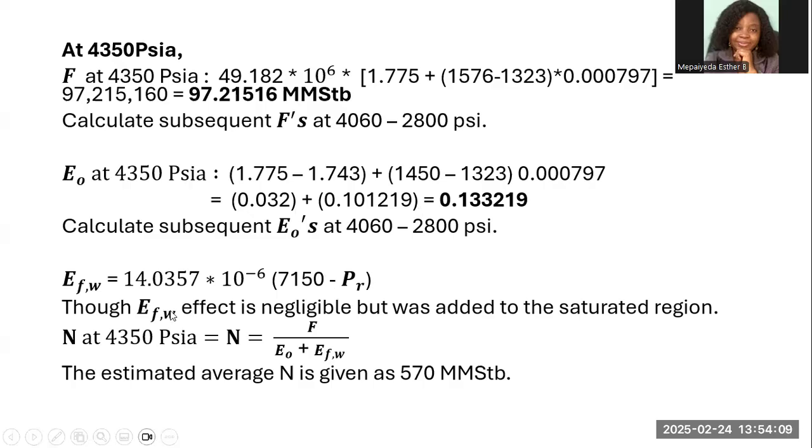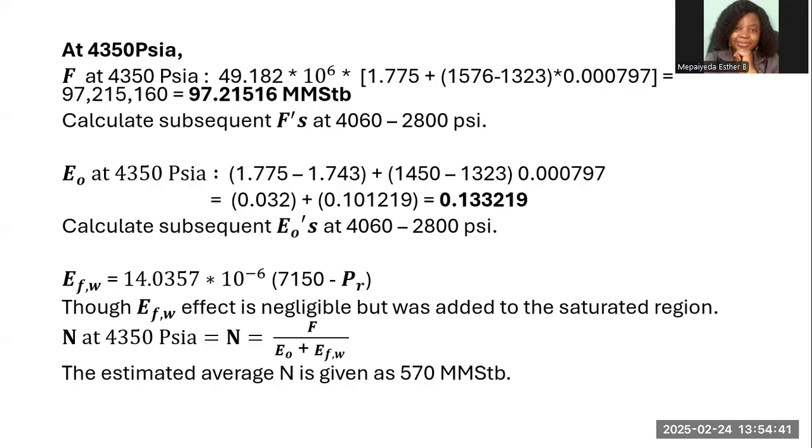Yeah, in this case, your EFW, that's the rock and water compressibility, is actually negligible. But here, it was added to the equation, in the saturated region. Ideally, it's usually negligible and then removed from the equation, but we want to see the effect. That's why we added it.